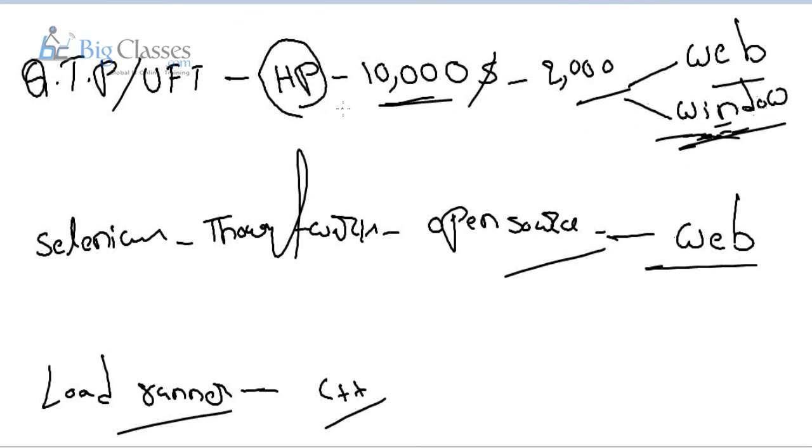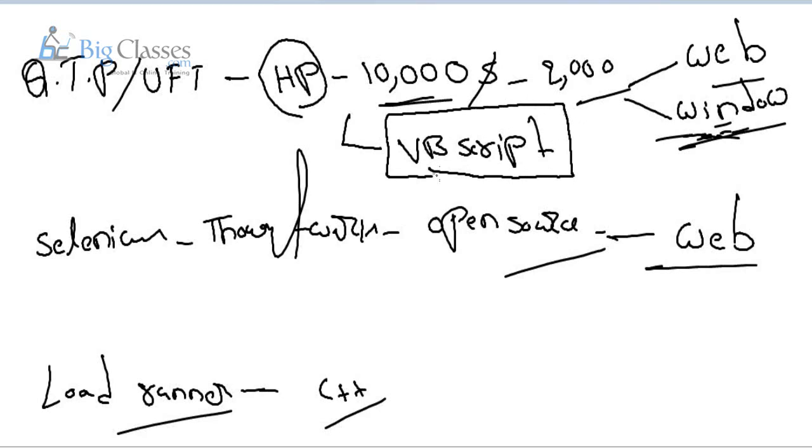And if you want to learn QTP, there is no need for technical skills or programming knowledge, because to learn QTP only VB script is required. VB script is not like programming. Mostly 30 to 40 functions are available in the scripting language, so you can easily understand QTP. But if you want to learn Selenium, first you should learn Core Java.